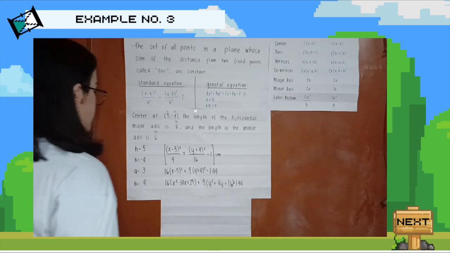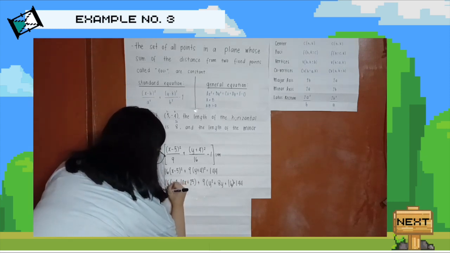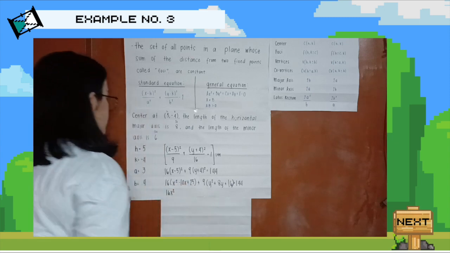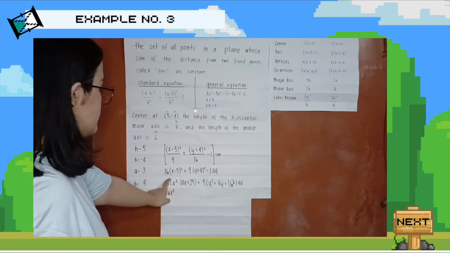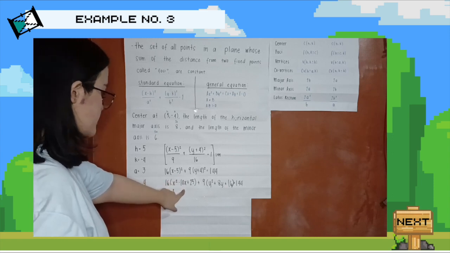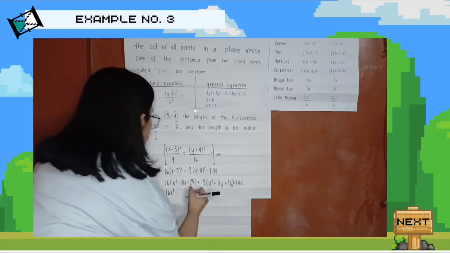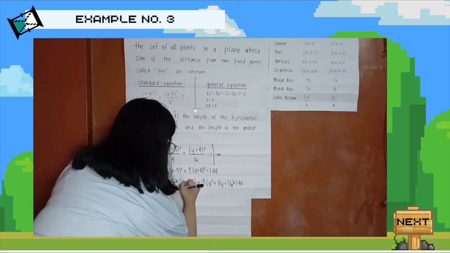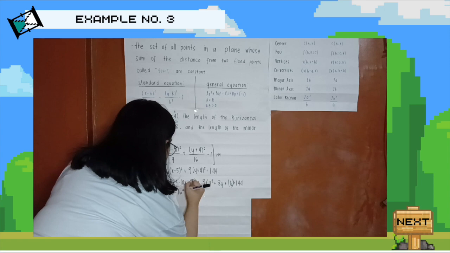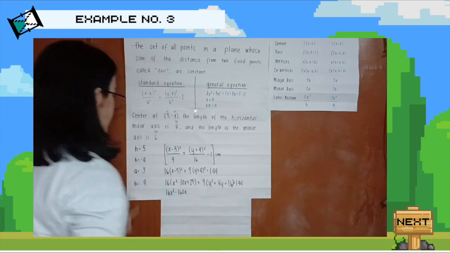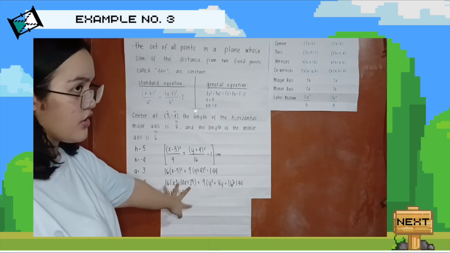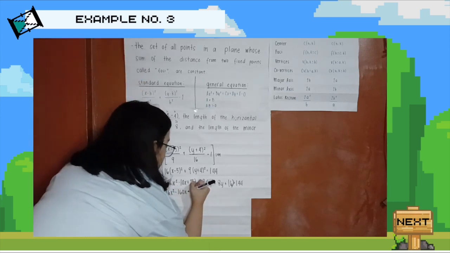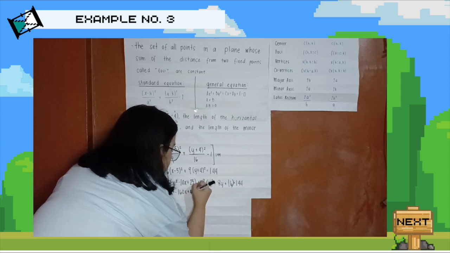So 16x squared, 16 times negative 10x is negative 160x, and 16 times 25 equal to 400. So plus 400.